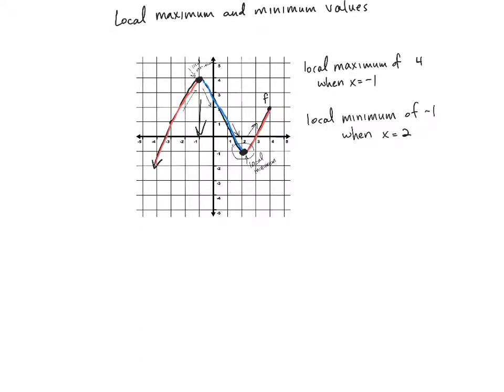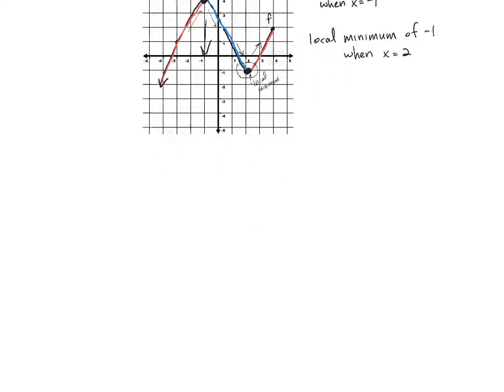Now it is possible for a graph or a function to have several local maximums or several local minimums. Looks like I did not include that example. I had intended to, I apologize. So let's go ahead and add it right now. And this is going to get a little messy. Again, I apologize.